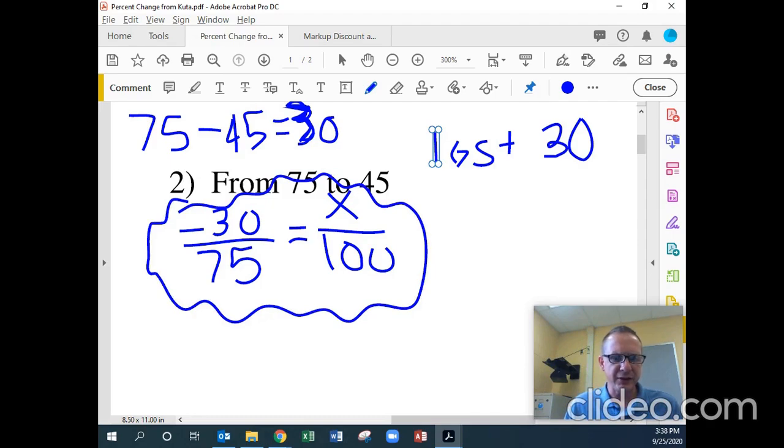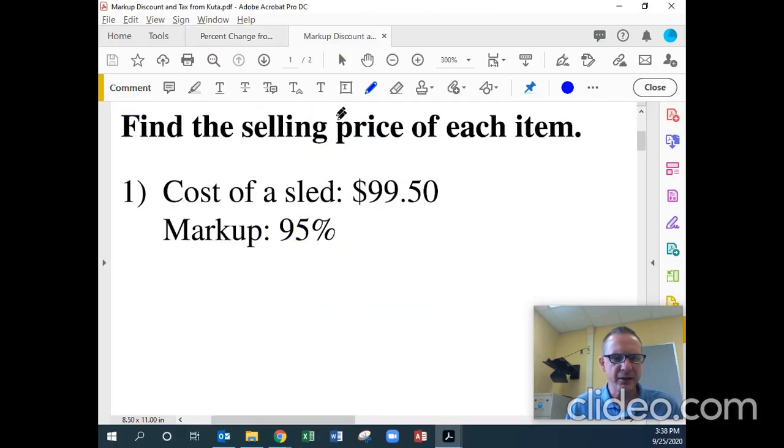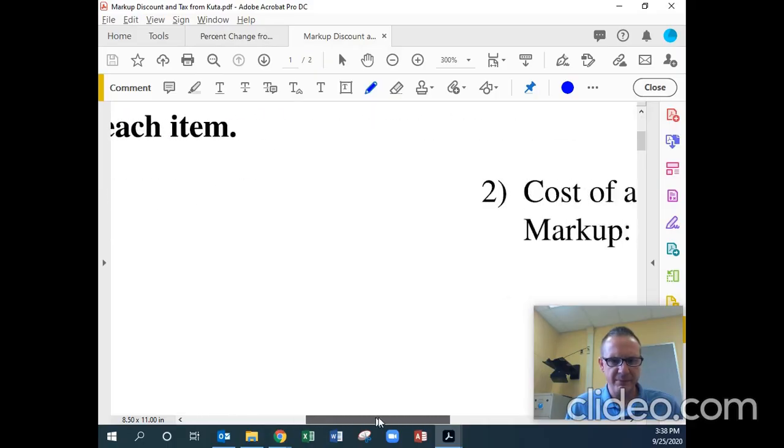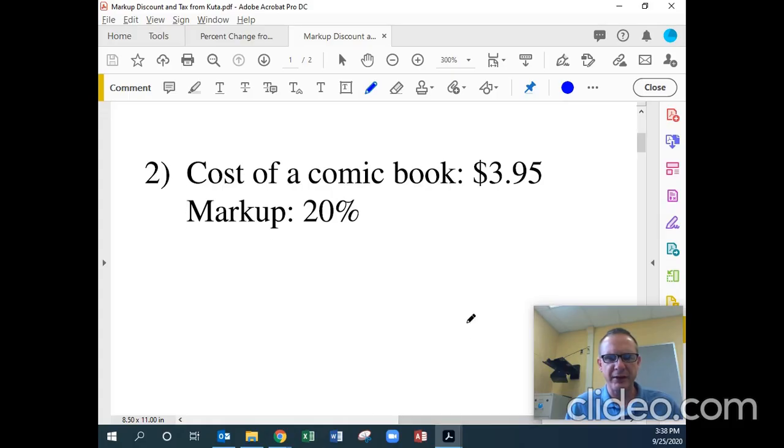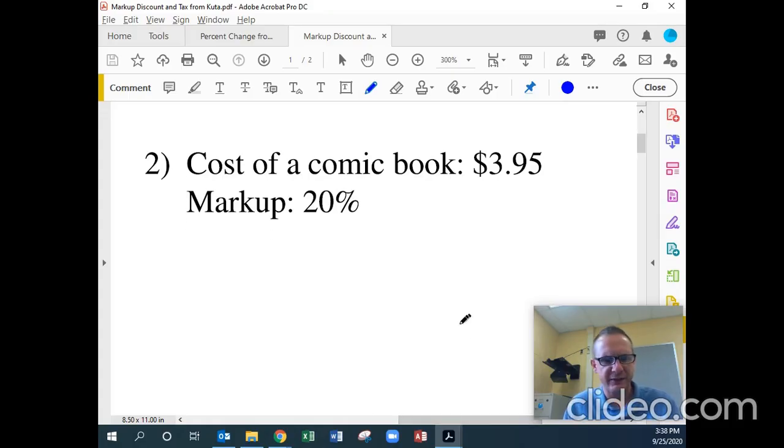Let's look at another example of a similar problem. Find the selling price for each item. So if a comic book costs $3.95, but you mark it up 20%, that means that you pay 20% more.